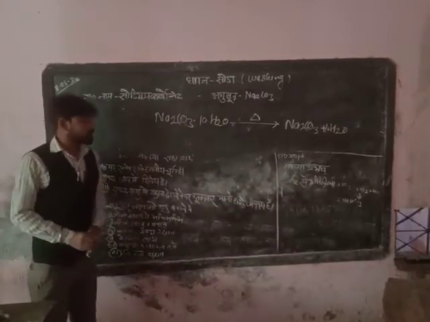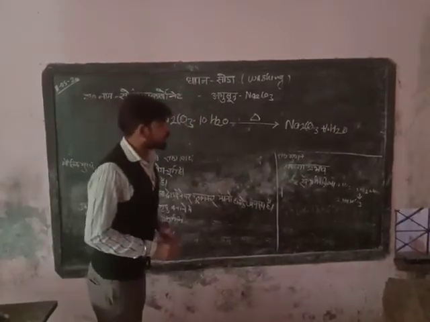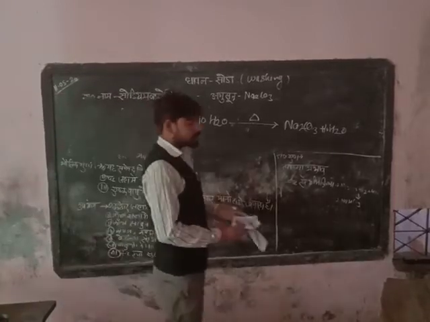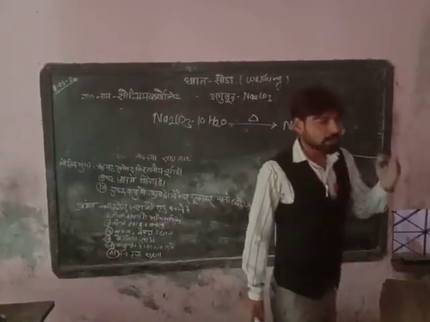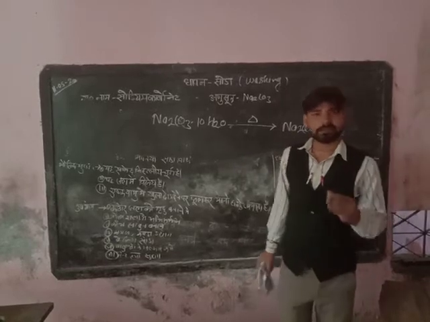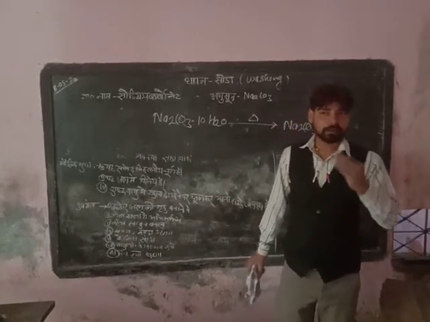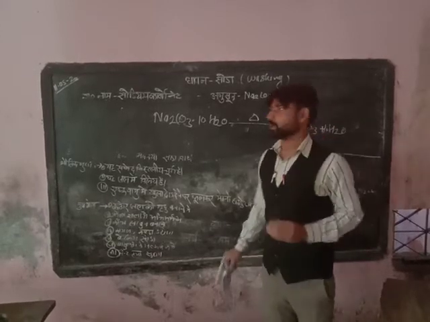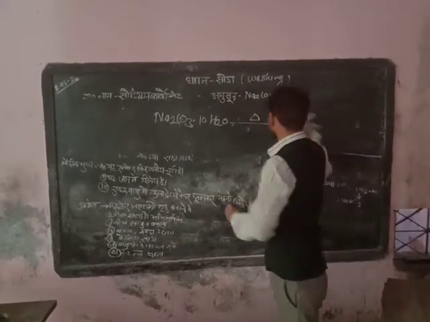The next chemical property is the reaction with carbon dioxide. It is also a very important property. When sodium carbonate reacts with carbon dioxide, baking soda, that is sodium bicarbonate, is formed.